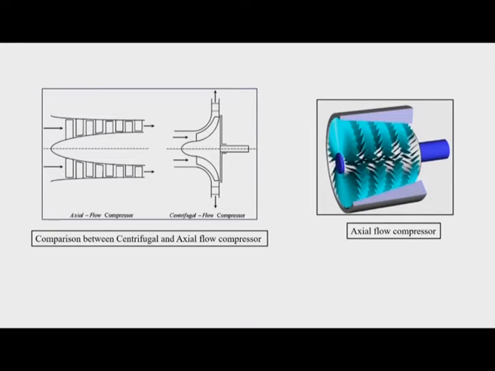Now, the axial flow compressor is different from the centrifugal flow compressor. In the centrifugal compressor, we have seen that flow enters axially, but it goes radially out from the compressor.